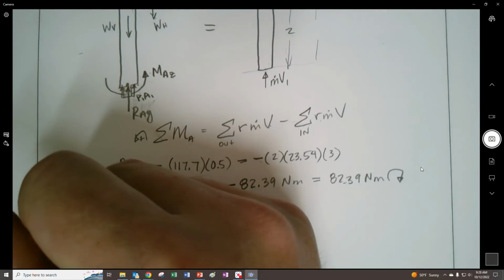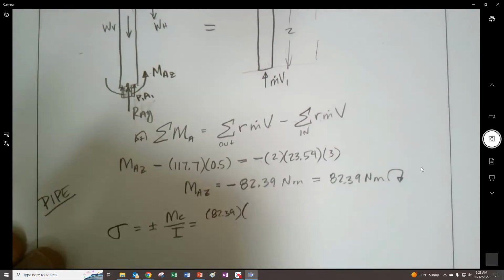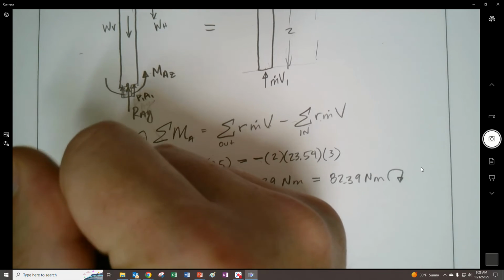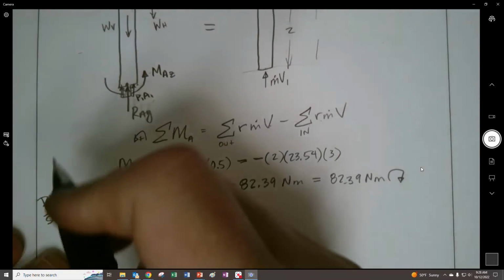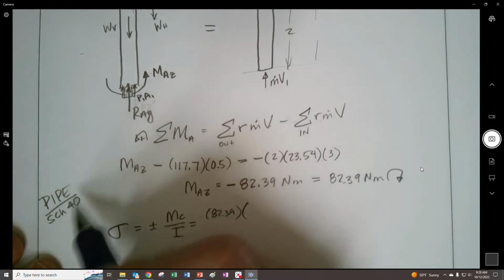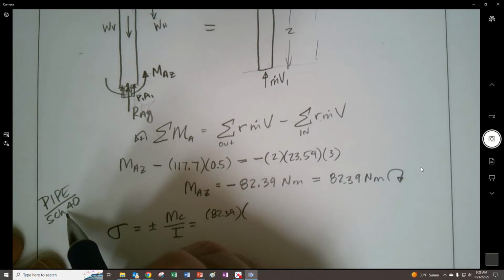If you were to look up a standard pipe, the most standard pipe is Schedule 40, and this is in US standards. If you take a look at Schedule 40, they have an outside diameter of 114 millimeters and an inside diameter that's pretty close to 100 millimeters.